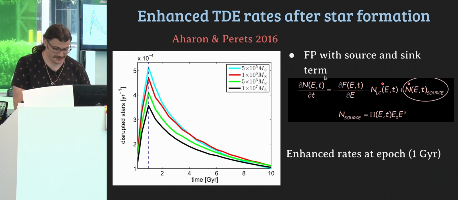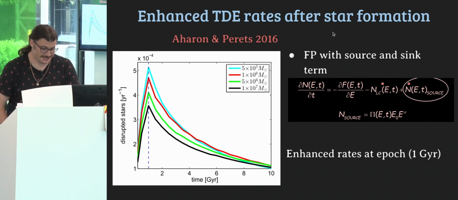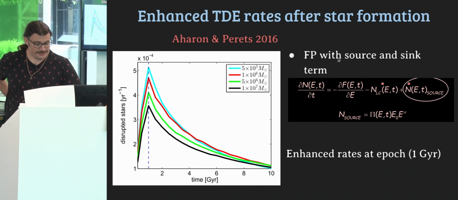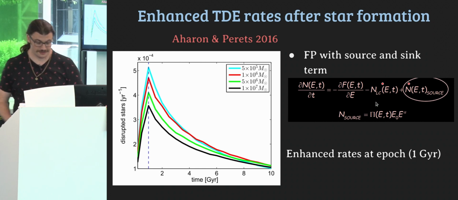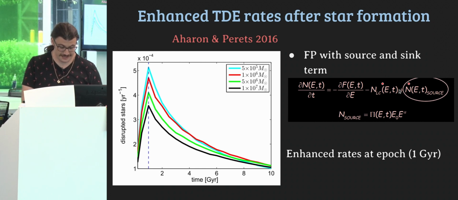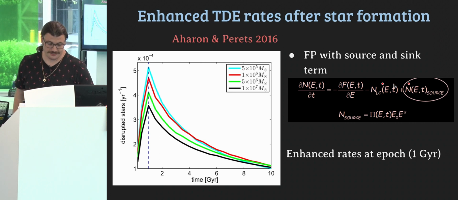Here's a paper of my former office mate that took the Fokker-Planck formalism and added, in order to preserve the distribution function, a sink term. That basically means how fast you lose stars with this loss formalism, and also a source term, because you form stars somewhere.